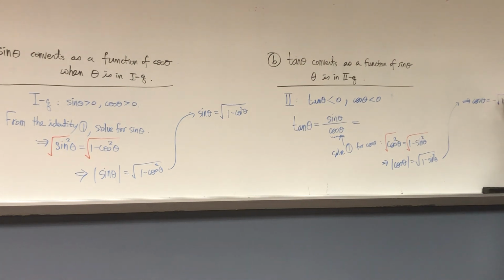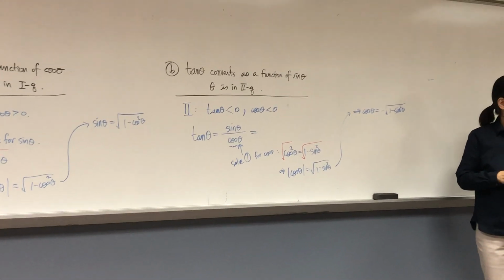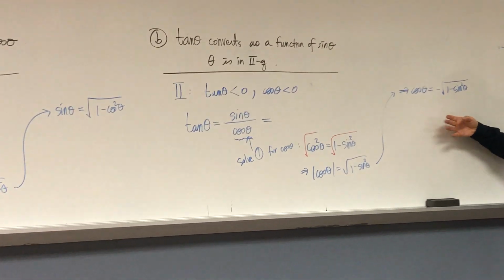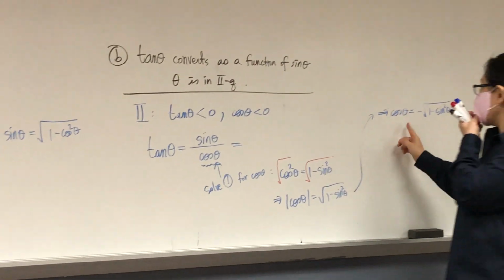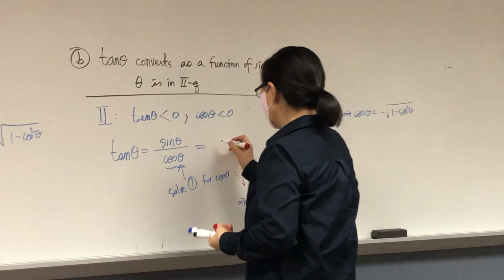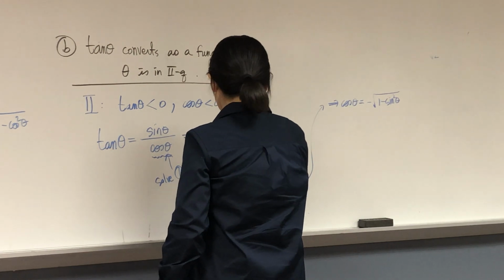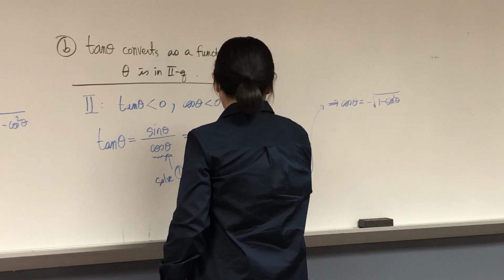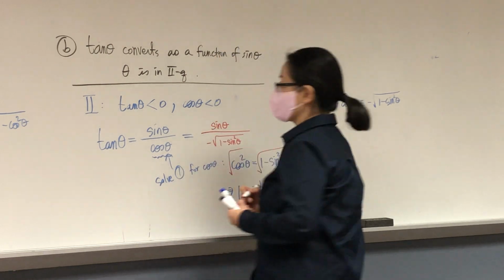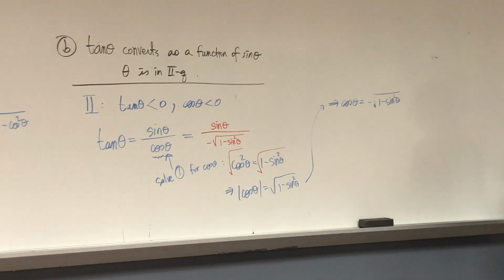That's right. See, that's what I told you, it is not easy if you don't think about it clearly. This is negative. So everything is ready. So substitute. Your answer is sine theta over negative square root of 1 minus sine square theta. That's your answer. Yes? So everything I rewrite by sine theta.